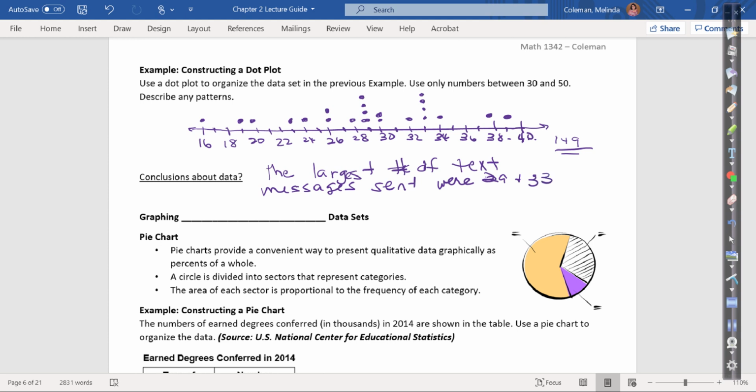Again, not necessarily overly informational, but because we're only using a partial set of data, there's not a whole lot we can conclude about it.